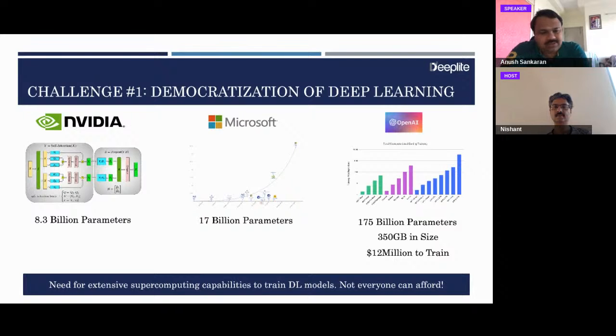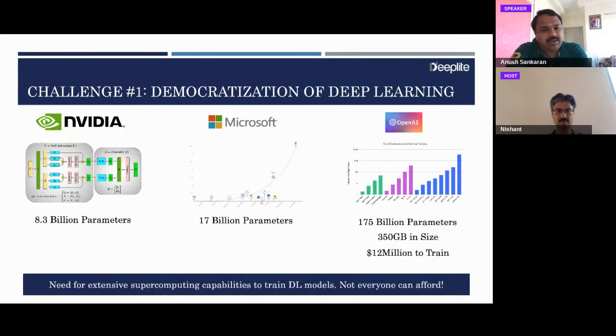Okay, and this is going to be a passionate topic for me. If you look at some of the recent models from some of the big companies that you know of, Nvidia came up with this model for text processing. The model that Nvidia came up with is called Megatron, and it has 8.3 billion parameters.